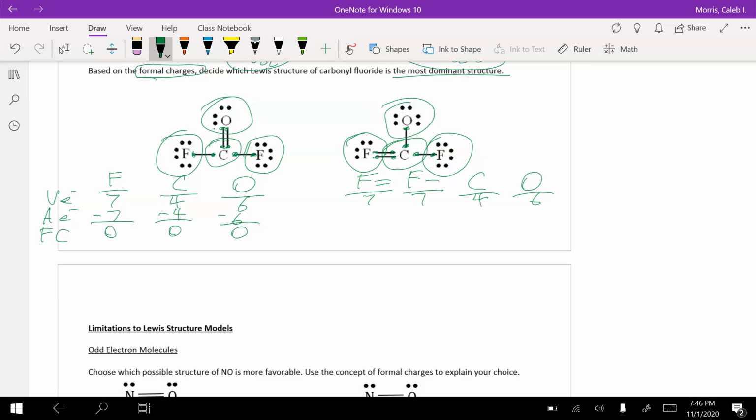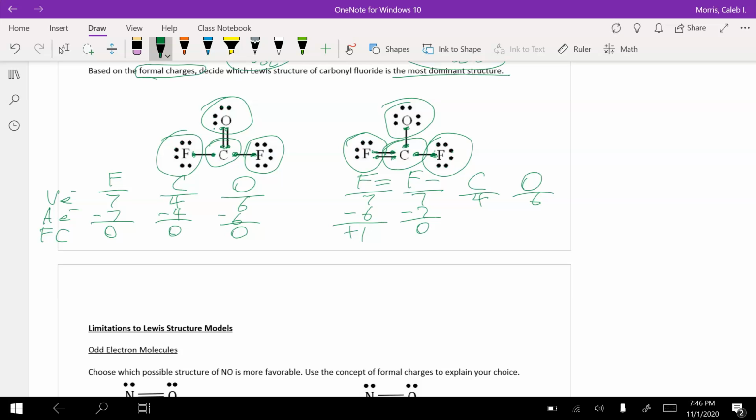But let's check the other one. Okay, fluorine, I'm going to do 7 minus 1, 2, 3, 4, 5, 6. Positive 1. Okay, the other form of fluorine, the single bond, I have 1, 2, 3, 4, 5, 6, 7. 7 minus 7 is 0.